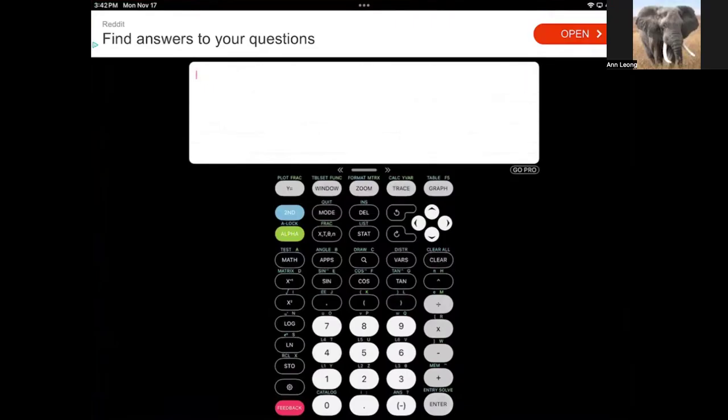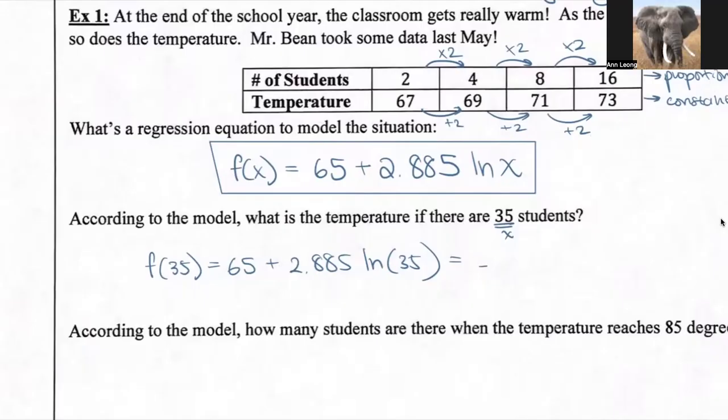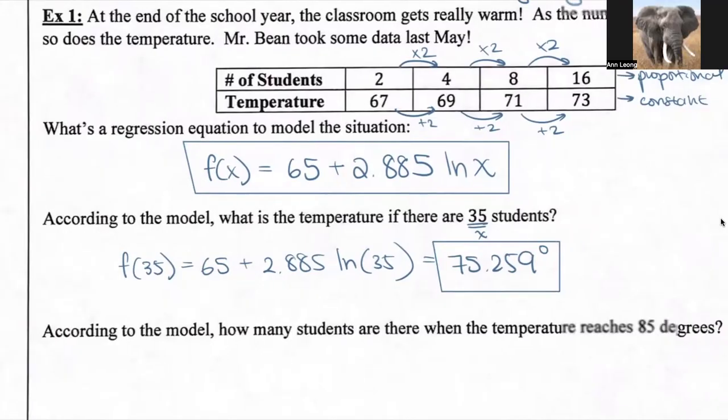Oops, sorry, not used to this calculator. Oh, it wants to graph. Okay, there we go. 75.259 degrees.